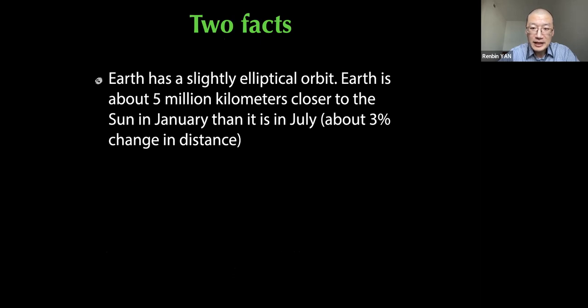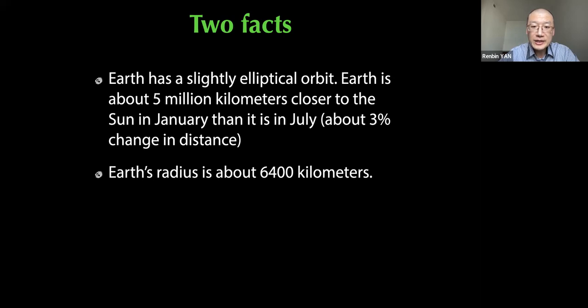I want to show you two facts that show that this hypothesis may have some problems. The first fact is that Earth has a slightly elliptical orbit. The Earth is actually 5 million kilometers closer to the sun in January than it is in July. That is about a 3% change in distance. And the Earth's radius is about 6,400 kilometers.